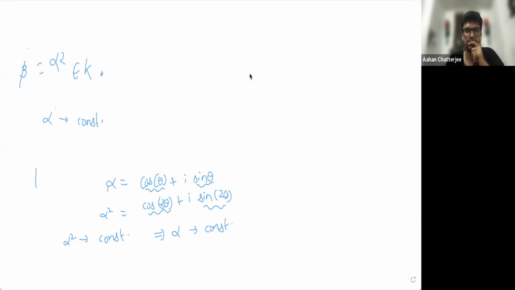Okay, so what we proved is the following: if [K:F] equals 2, and F is constructible, that implies K is constructible.